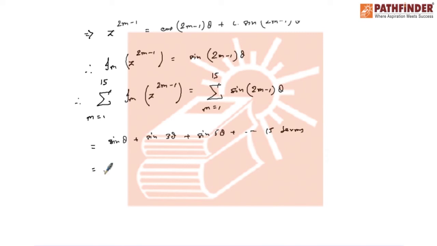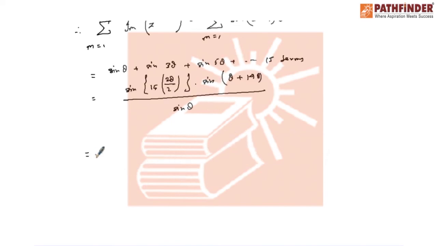And hence using the formula sin a plus sin (a plus b) plus sin (a plus 2b) up to n terms as sin (nb by 2) into sin (a plus (n minus 1) into b by 2) by sin (b by 2), we get sine (15 times 2 theta by 2) multiplied by sine (theta plus 14 into theta) whole divided by sine theta.